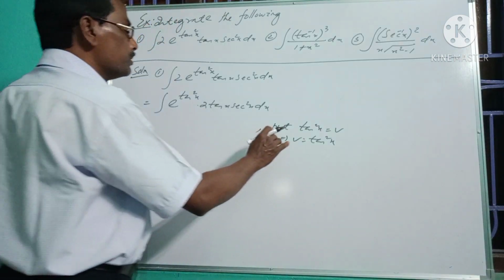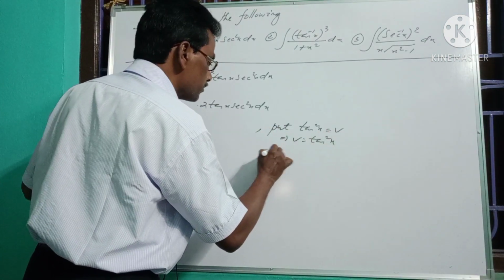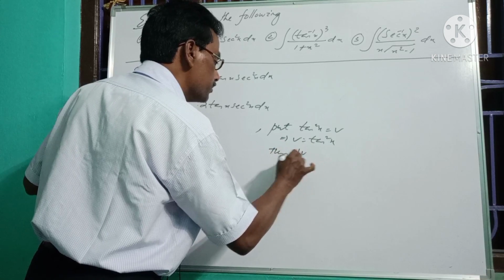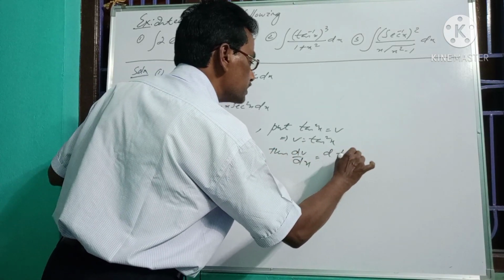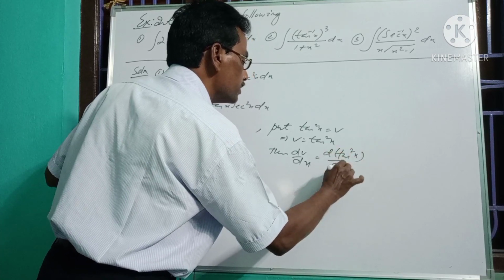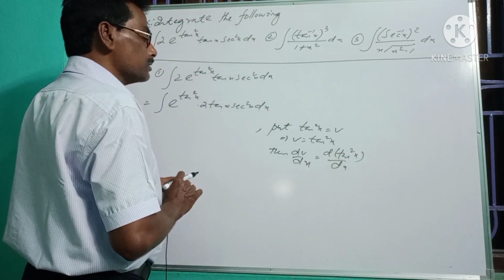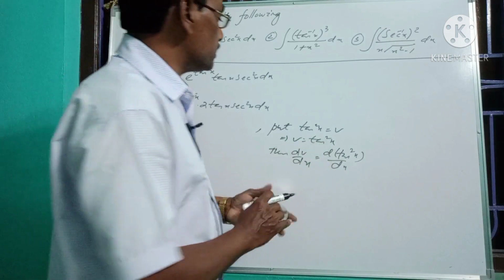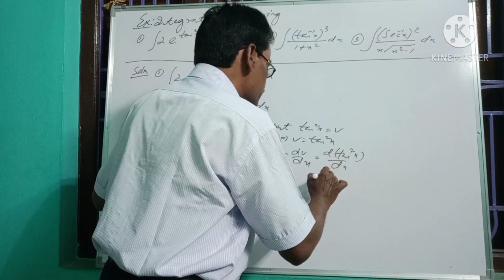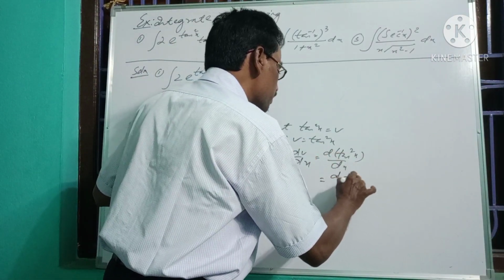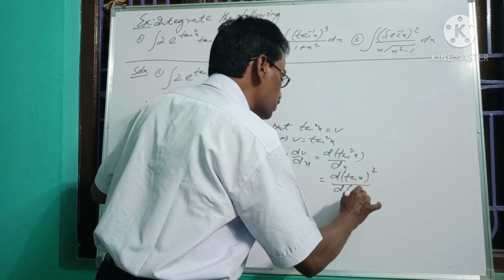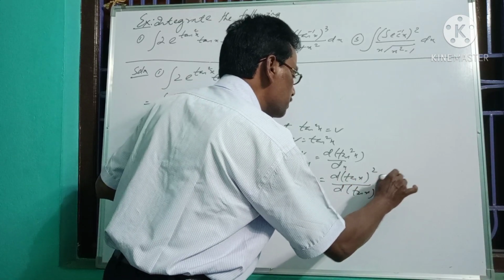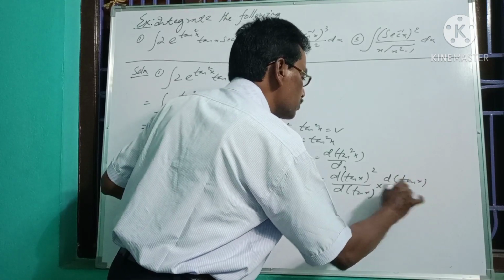Differentiating v with respect to x, it will give us dv by dx, which is equal to the derivative of tan square x with respect to x. Here we apply the chain process: the derivative of the square of tan x is differentiated with respect to tan x into the derivative of tan x with respect to x.